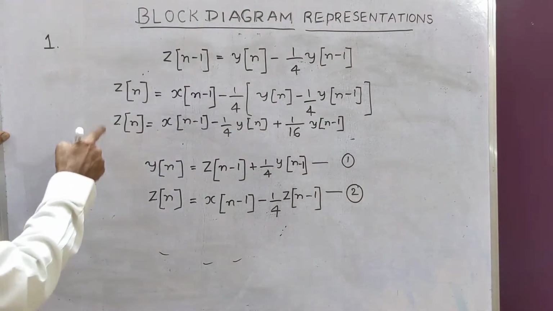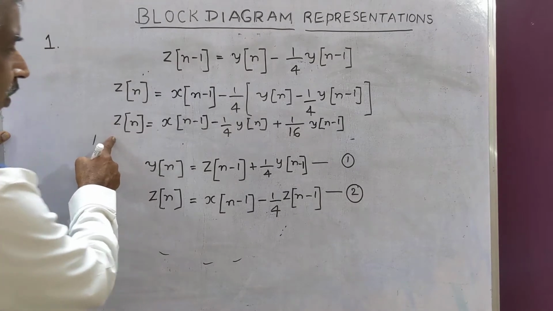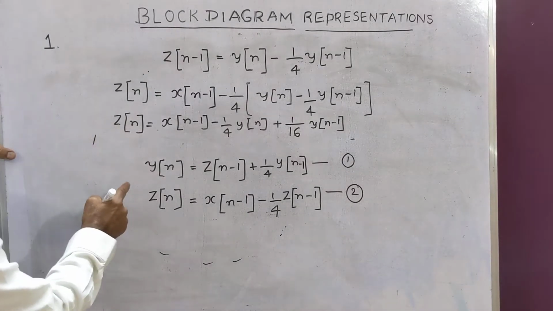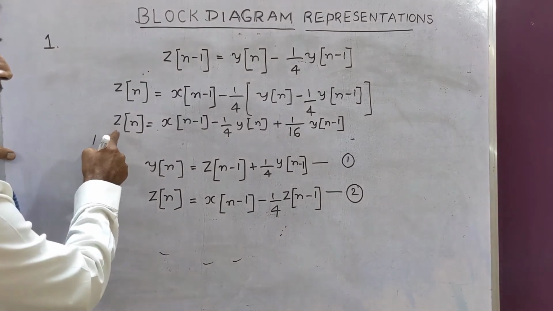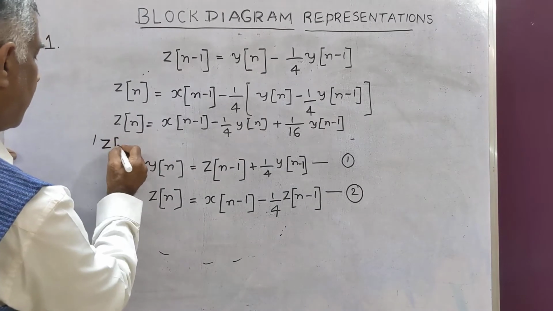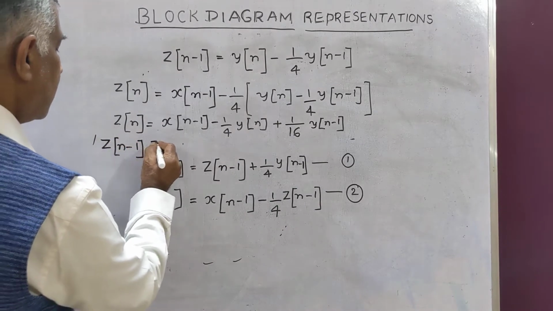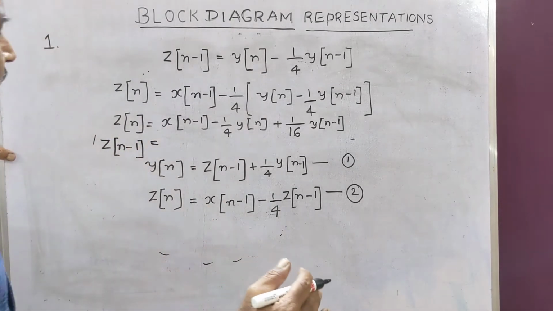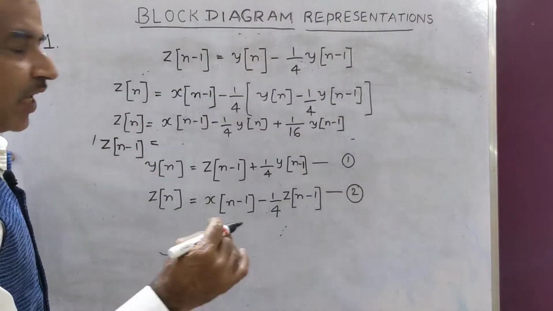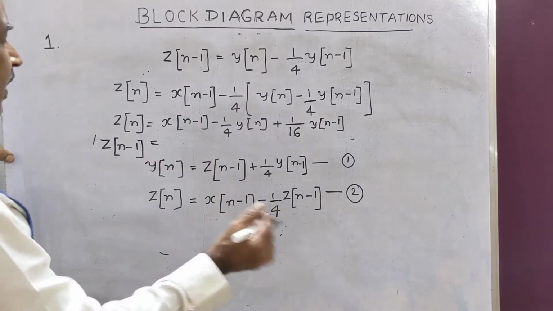Now this is z of n. What is z of n minus 1? That means a shift of 1 unit on both sides. Wherever there is n, replace it by n minus 1.